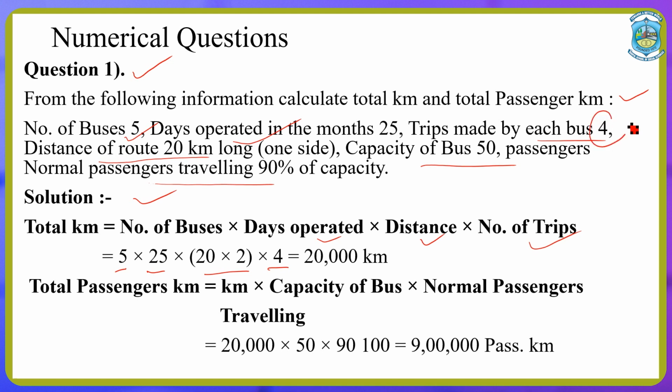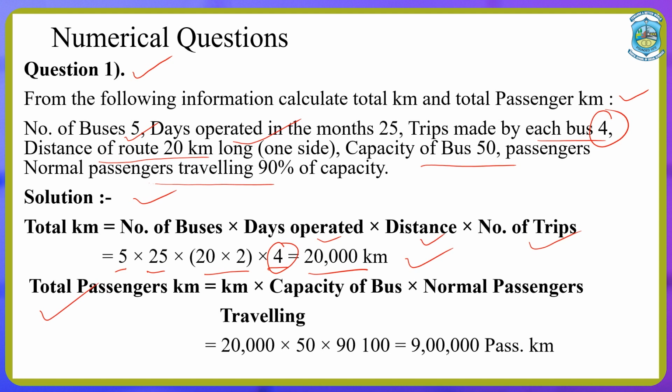The calculation is 5 multiplied by 25 multiplied by 40 multiplied by 4, which is 20,000 kilometers. It means the vehicle is running 20,000 kilometers. Now we have to calculate total passenger kilometers.